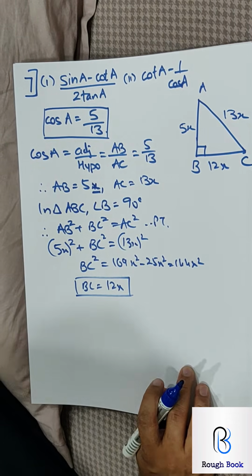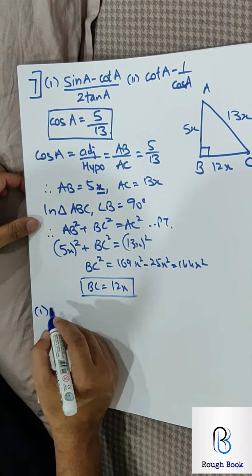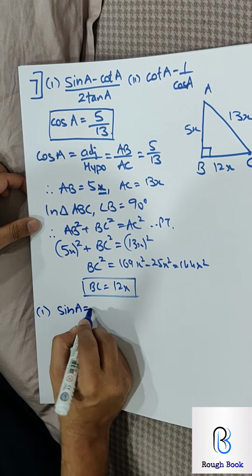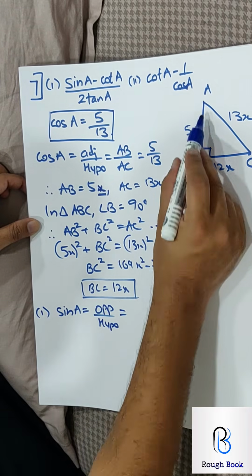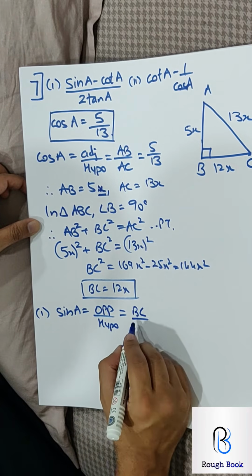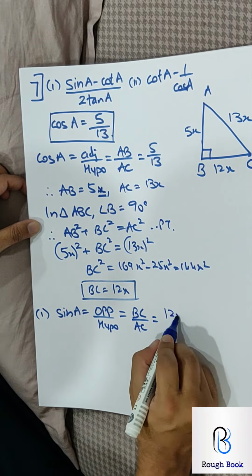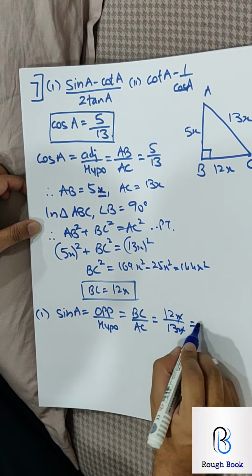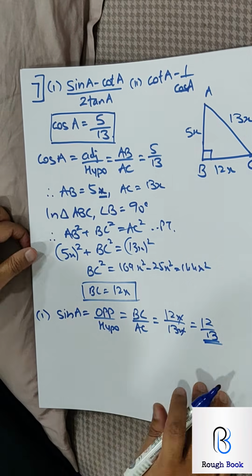So we managed to get this 13, 5 and 12. Will you remember this? Now let's see sin A, cot A, tan A. Three parts I need for the first part. So first one, sin A, opposite upon hypotenuse. So for A, opposite is BC, hypotenuse AC, correct? BC by AC. So 12x by 13x, x gets cancelled. In the end you won't have any x's. They will get cancelled automatically, okay?